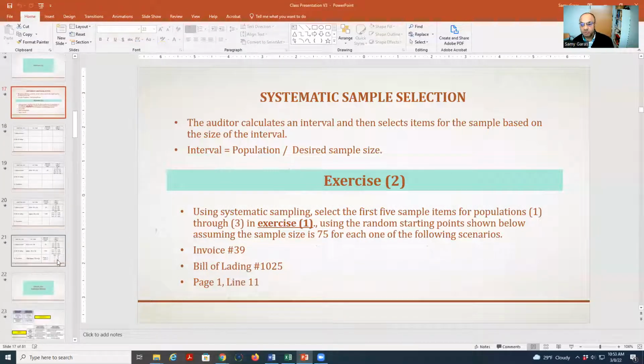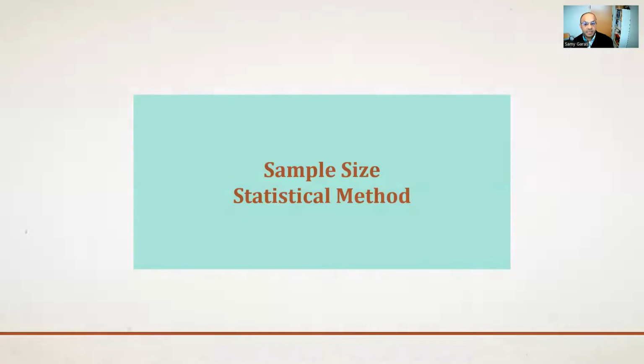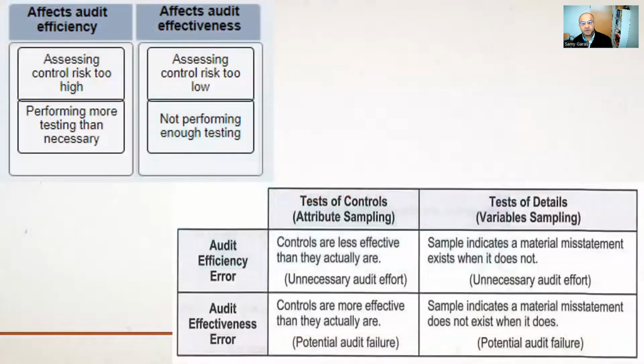Now let us move to the next item, which is sampling risk. As I mentioned in the previous video, we don't recommend either a big sample or a small sample, because either one can cause problems.